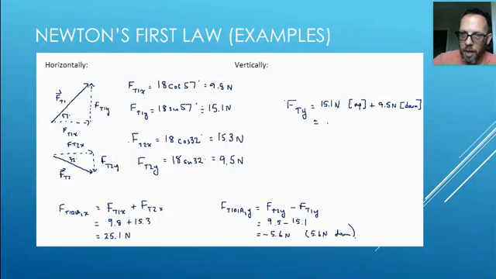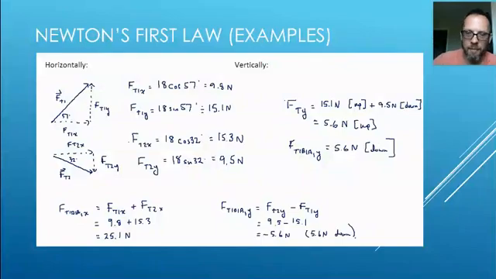And so if we write that as negative 9.5 newtons up, then what we get is 5.6 newtons up, which means that the F tibia in the y direction has to balance that, and we get 5.6 newtons down. So that's another way to illustrate that.